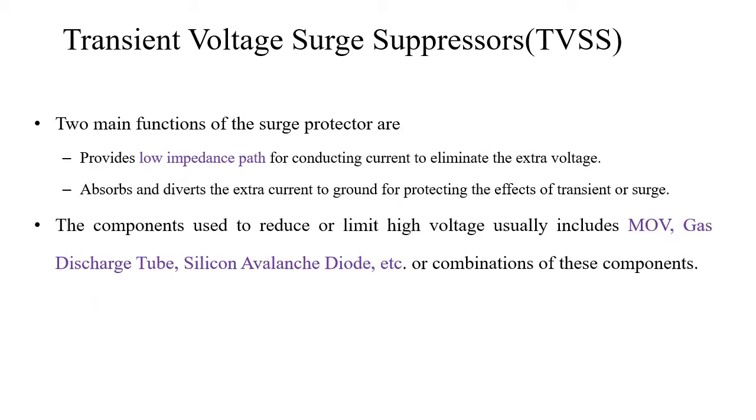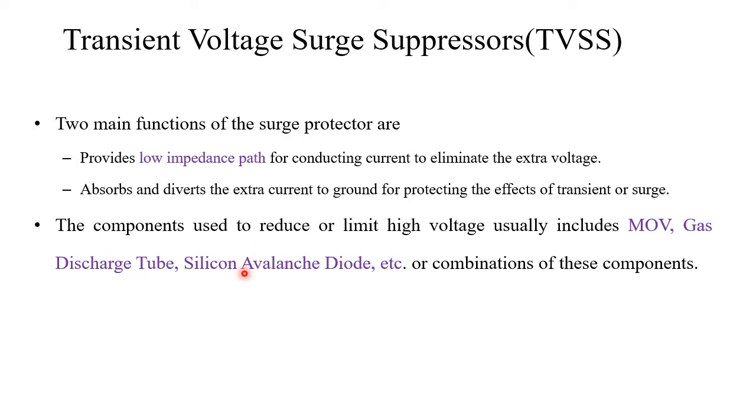There are two main functions of a surge protector. First, to provide a low impedance path for the current to eliminate the extra voltage. And it also helps to absorb and divert the extra current to the ground, so that it can protect the appliance from the transient.